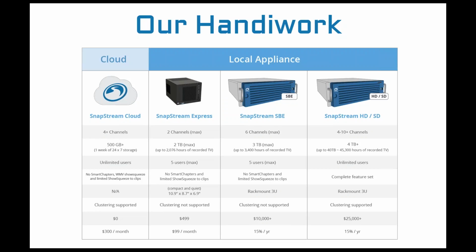That is going to max you out at 2 channels with 2 terabytes of hard drive space, and there is a user limit on that. We have everything all the way up to our SnapStream HD servers, which can go 20, 30, 40, even 50 channels. We've made bigger than that. So we have lots of different options to fit everybody's budget as well as what works for their organization.